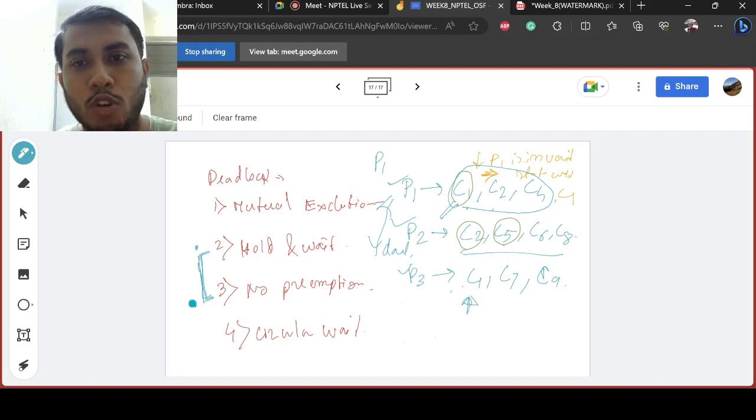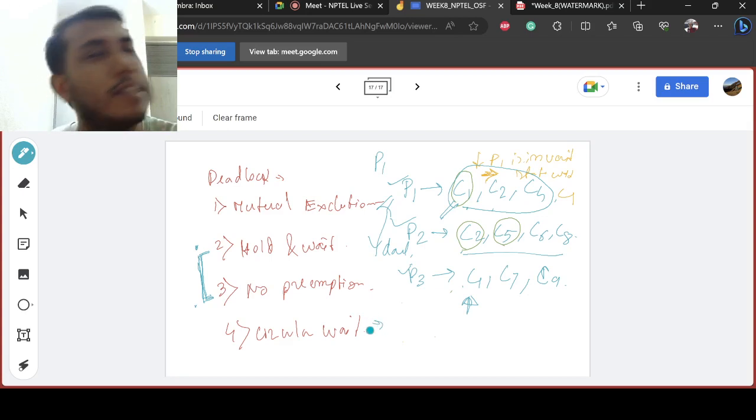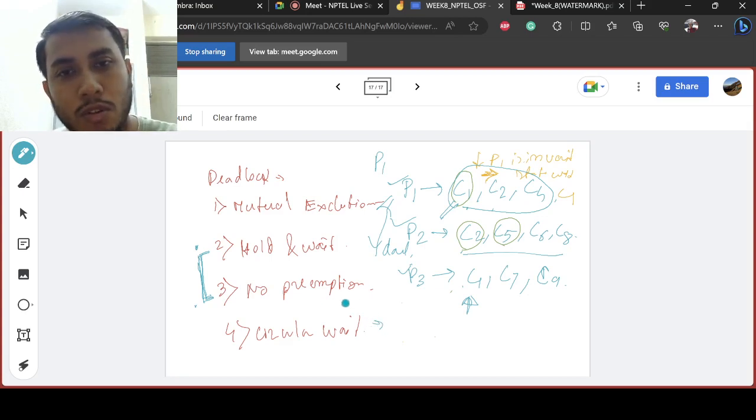Okay. So these are the two ways of getting your resources. And the last one is circular wait. To prevent circular wait, what we do is name all the resources in some order, let's say priority order: R1, R2, R3, R4.